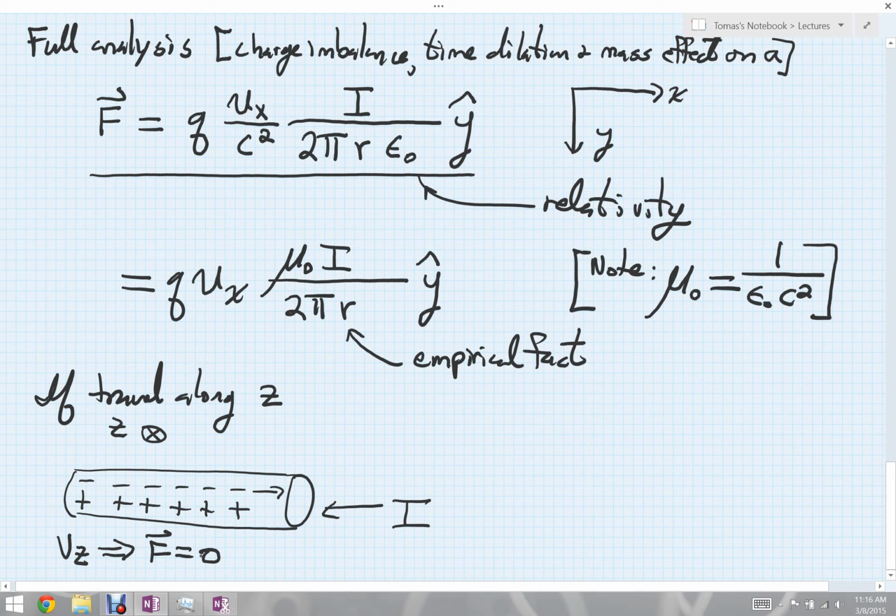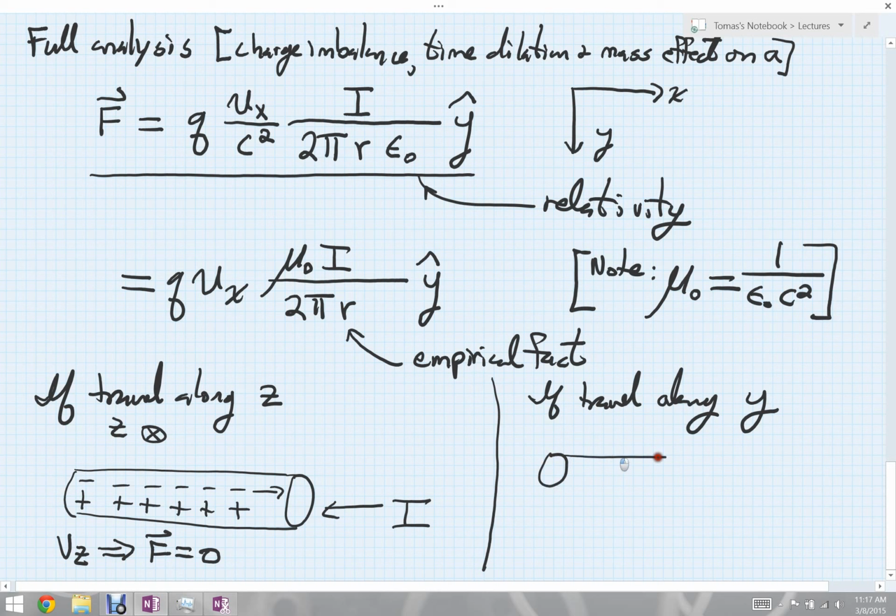So that's interesting. And then finally, I could also imagine myself traveling along the y direction. So if I travel along y, in that case, I would have my wire once again, right, my current I flowing this way.